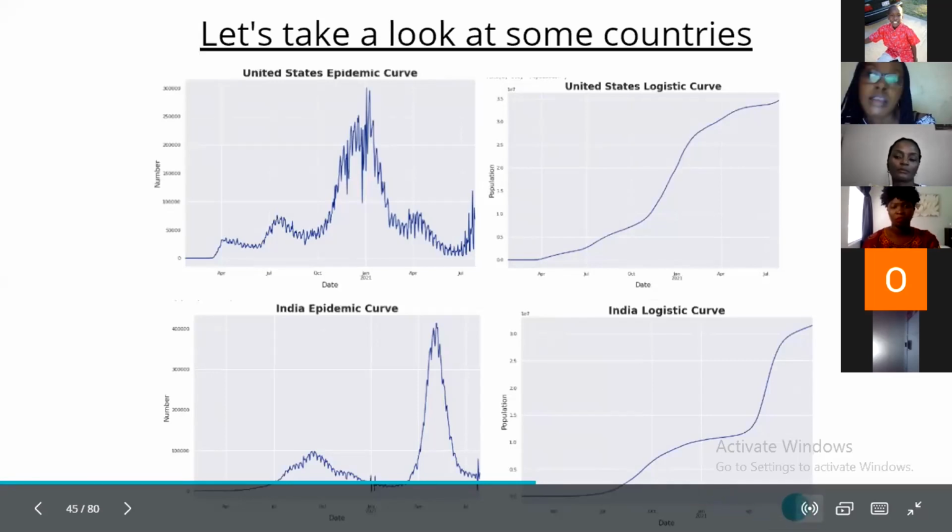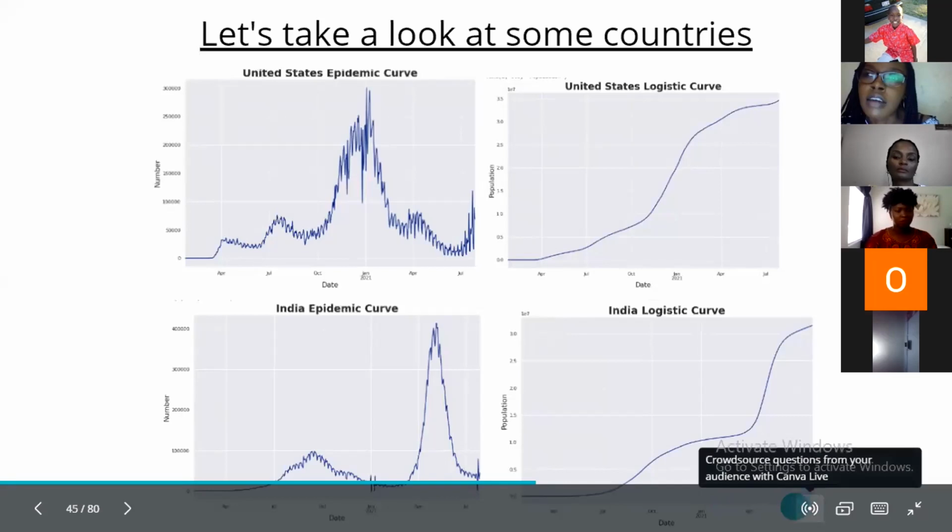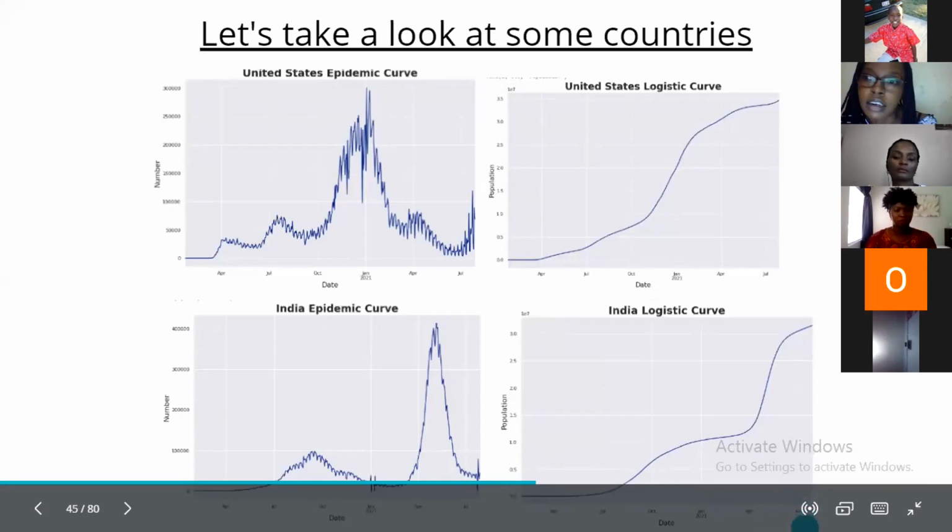And I think this is just due to the new Delta variant. You can also see in the logistic curve that the US had really tried to flatten the curve, but something is happening and something needs to be done about it. And the same thing is in India. Remember, when India had the spike in cases, it is illustrated in this graph, and they're currently trying to flatten their curve.